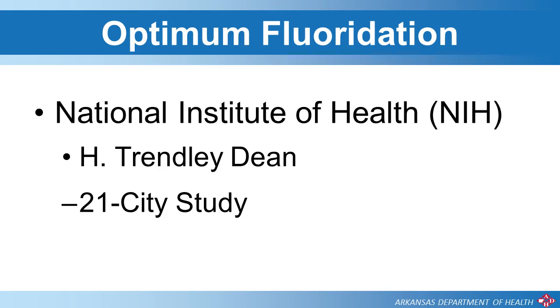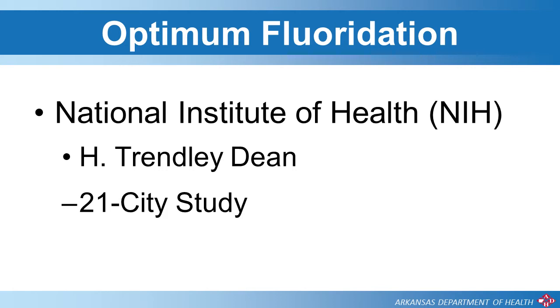Through their analysis, they found that when communities had a fluoride concentration less than 0.5 parts per million, the populace had a 3-fold evidence of dental decay, compared to communities where the fluoride level was 1.4 parts per million or greater. Dean realized that fluoride could provide a preventative service by somehow strengthening the teeth to be more decay resistant.